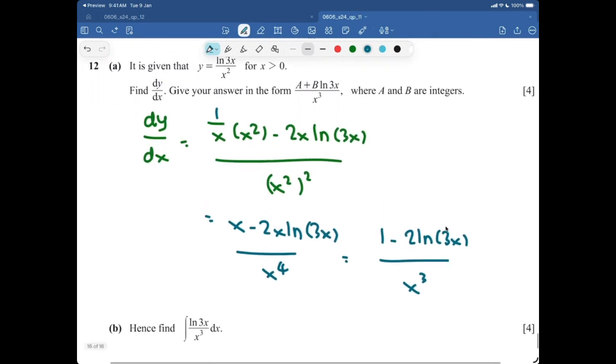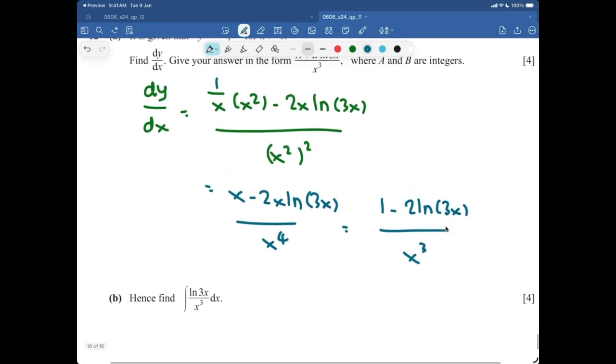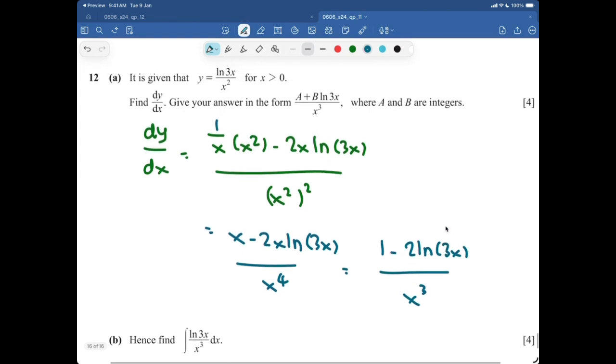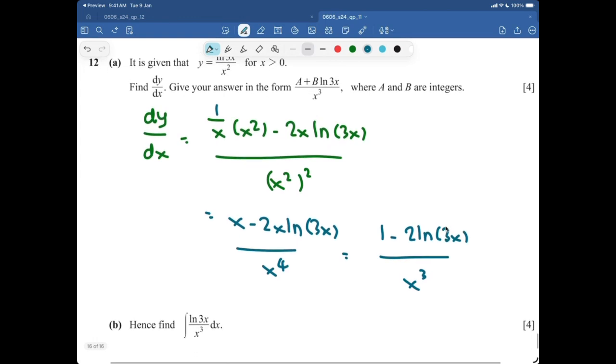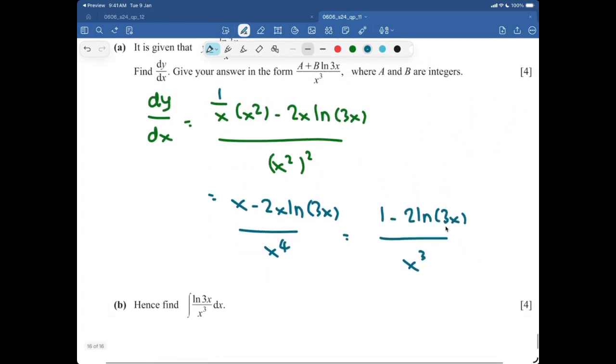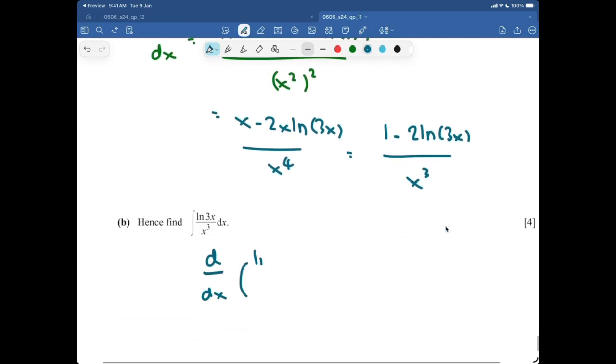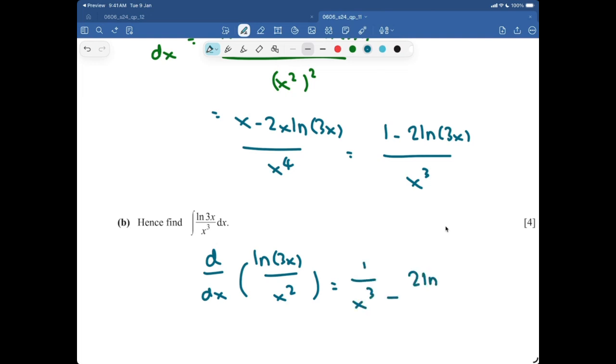Okay, hence find this disgusting integral. We could use the fundamental theorem of calculus, in which if you differentiate some expression, you would get this ln 3x over x cubed. So we can first use part A. If you differentiate ln 3x over x squared, it is equal to 1 over x cubed minus 2 ln 3x over x cubed.